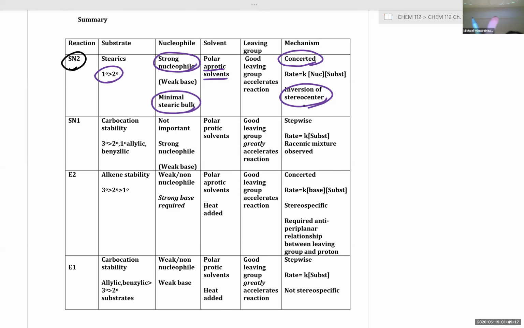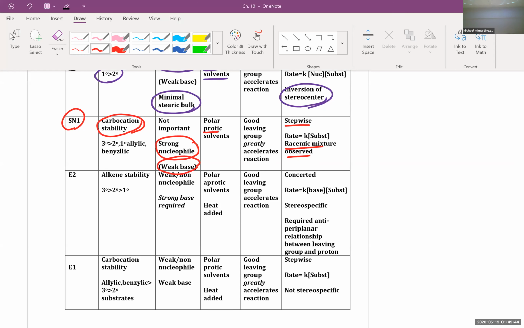Okay, let's look at the SN1 reaction. The SN1 reaction is based on carbocation stability. The nucleophile doesn't matter, but a strong nucleophile and a weak base certainly helps. They like protic solvents. The mechanism is stepwise and a racemate is observed. Let's summarize the E2 reaction just as highlights.